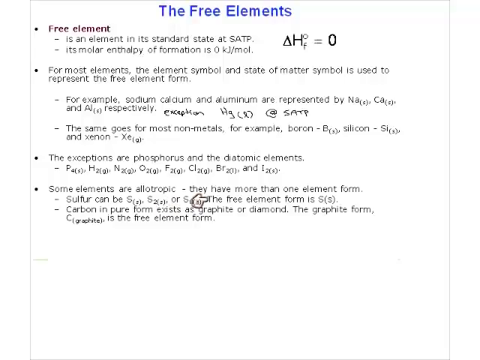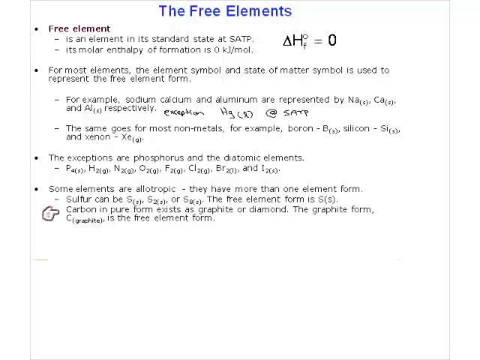They've specified that the free element form of sulfur is going to be the form of S. So if I give you S2 or S8, that would be higher energy forms, not necessarily excited. That would be referring to the temperature. But the potential energy of these guys would be much higher. They would be a higher energy form than just sulfur.